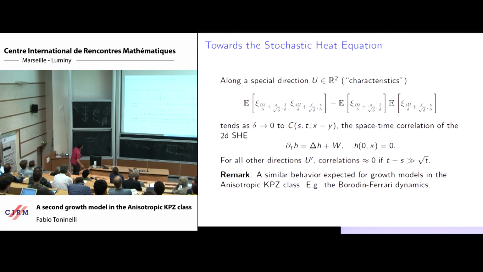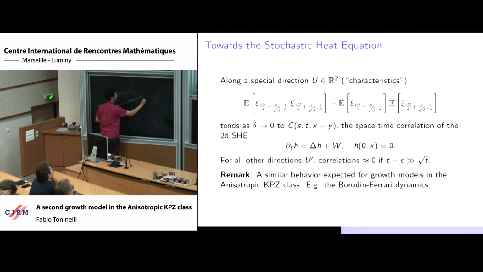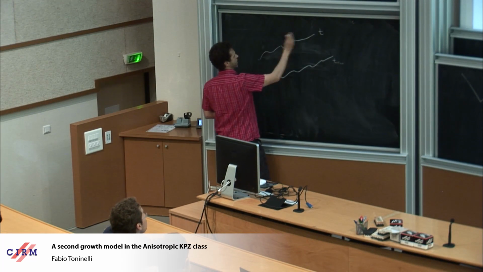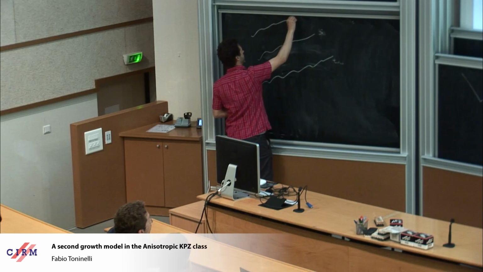What I mean, and this will be my last slide, is the following. Initially you have your height function at time 0. Then you look at time s, and the later time t.